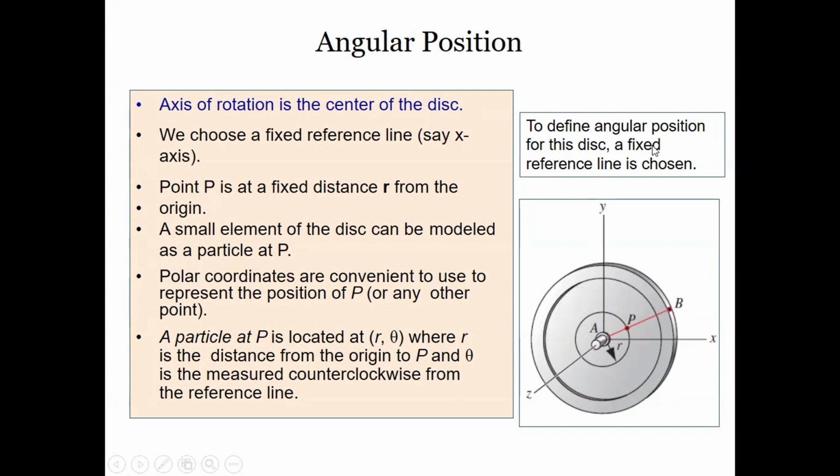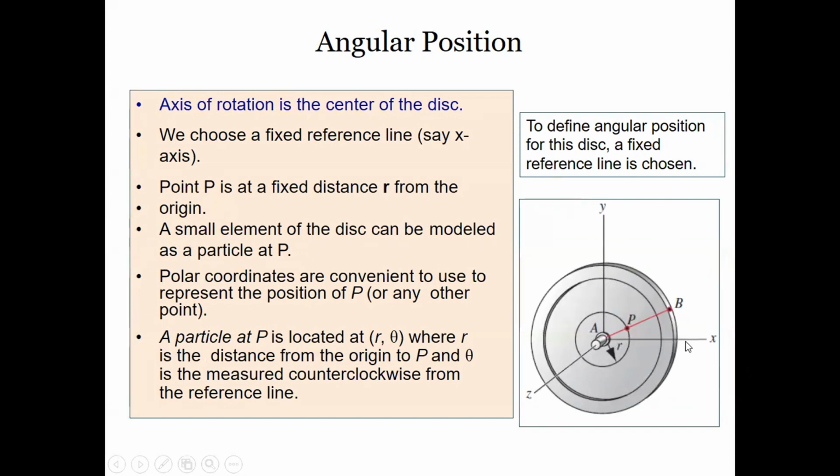To define the angular position for the disk, we have to have a fixed reference line, and we choose this x-axis as the line. Or we can choose any other reference, for example, y-axis, or any other line.